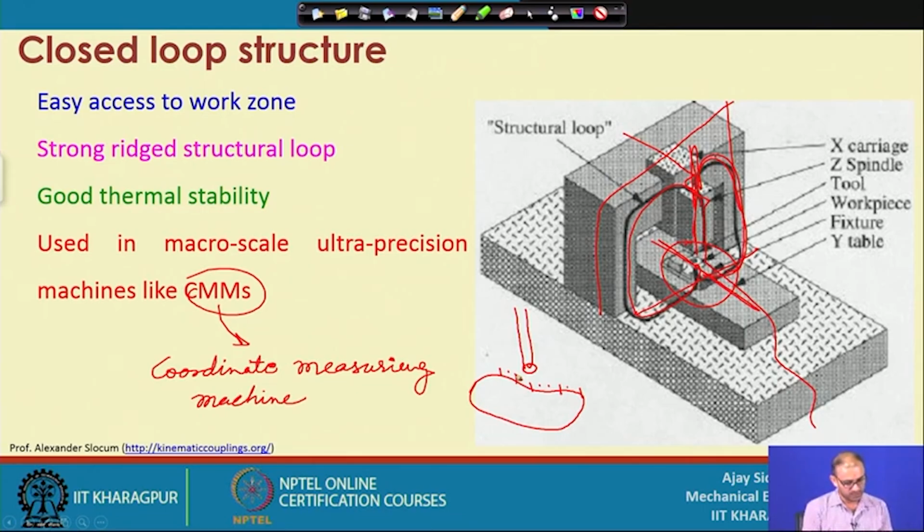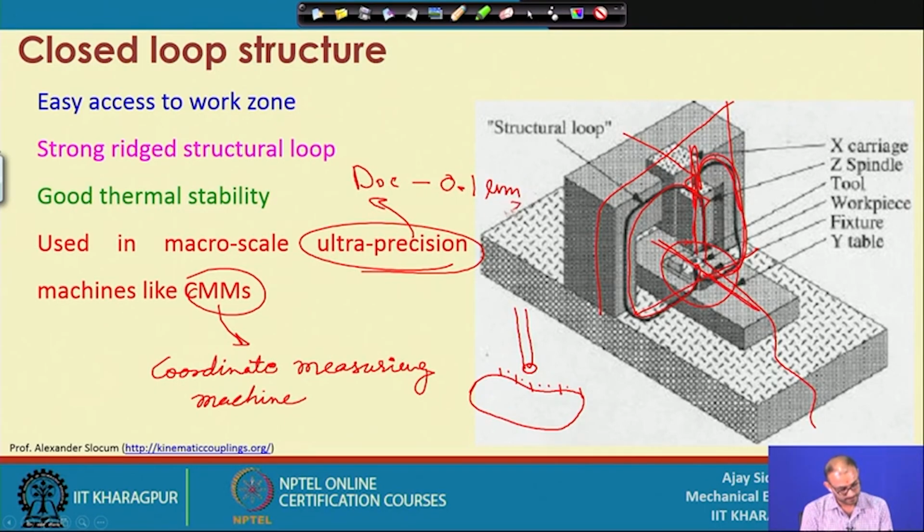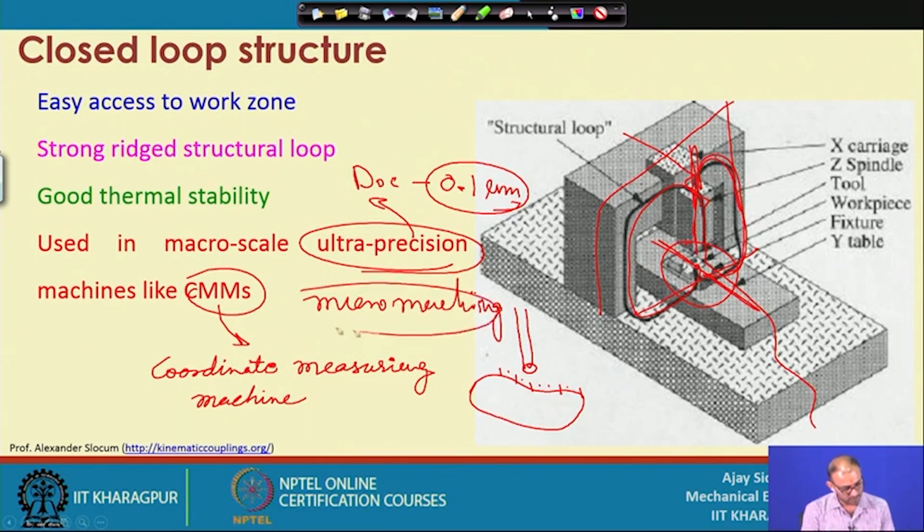So, that is why it is useful, and this is ultra precision machining, because in ultra precision machining, as we have seen in different examples, we are working with a very small depth of cut. In ultra precision the depth of cut can go down to 0.1 micron, but in micro machining we go a little bit higher, tens of microns.